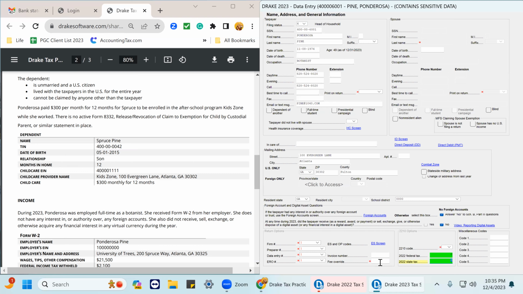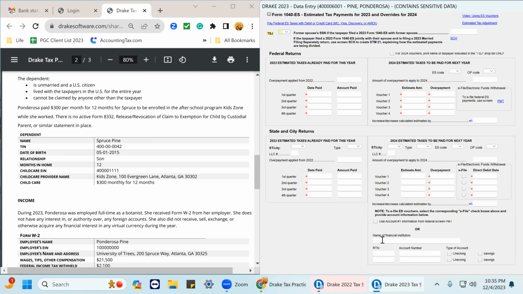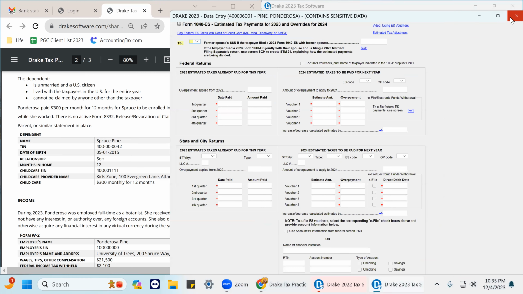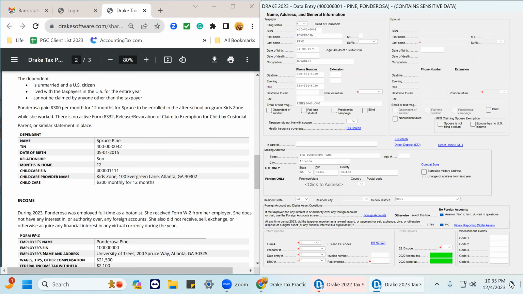And this is how much we charge the client. We can put in here override, and there's a detailed one. And this one is how much the client paid in estimated tax, if they do pay it. In this client, they don't have estimated tax paid. So we are going to have some classes talk about that.